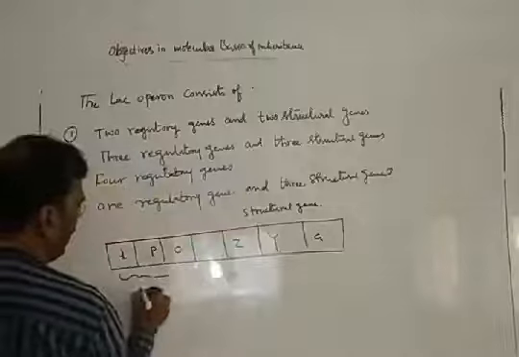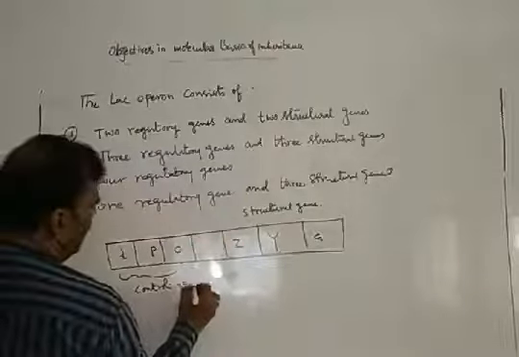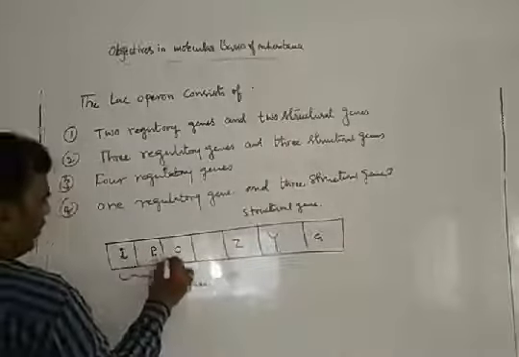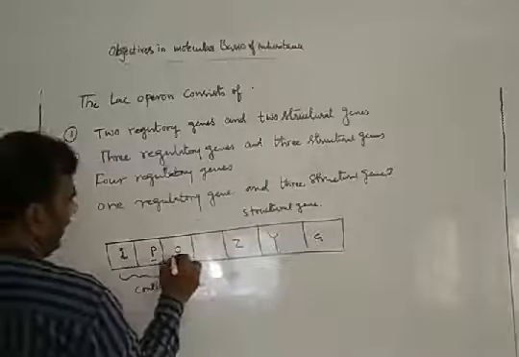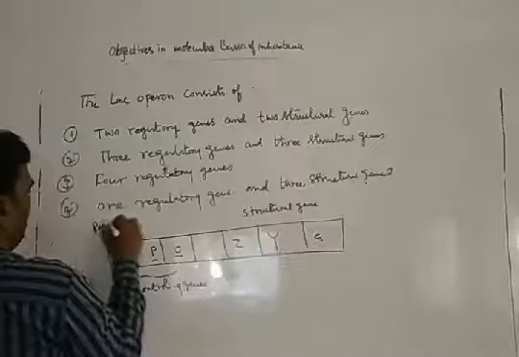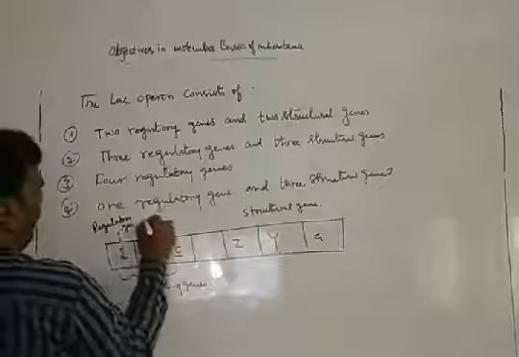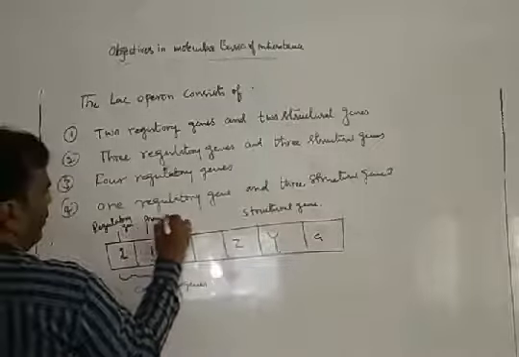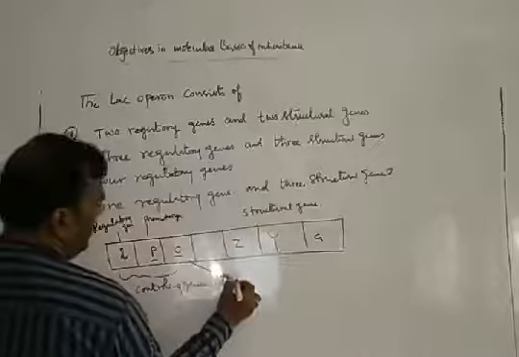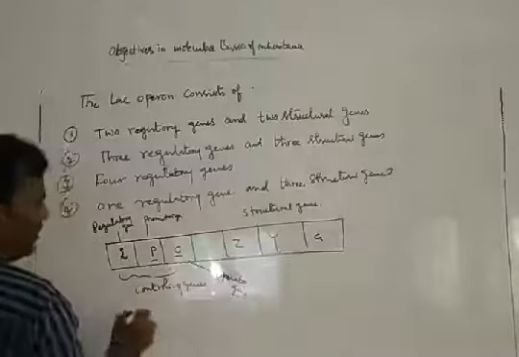These three are controlling genes. So the controlling genes are the regulatory gene, the promoter gene and the operator gene, together called controlling genes.